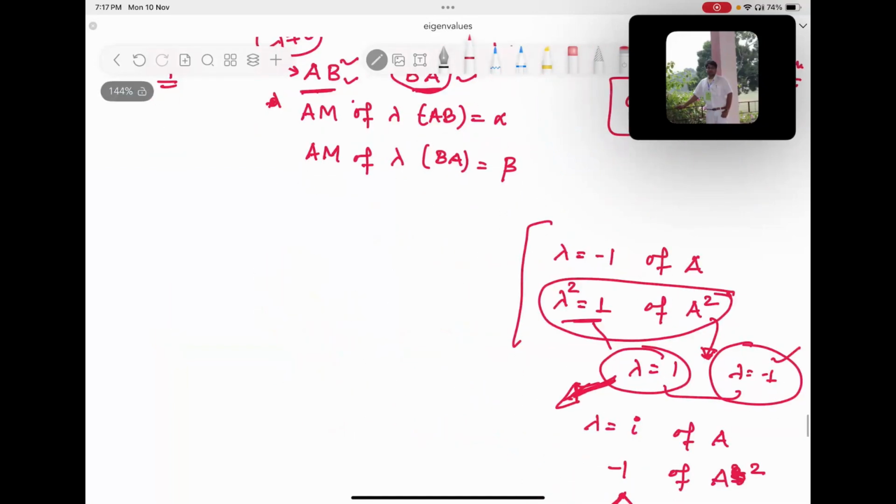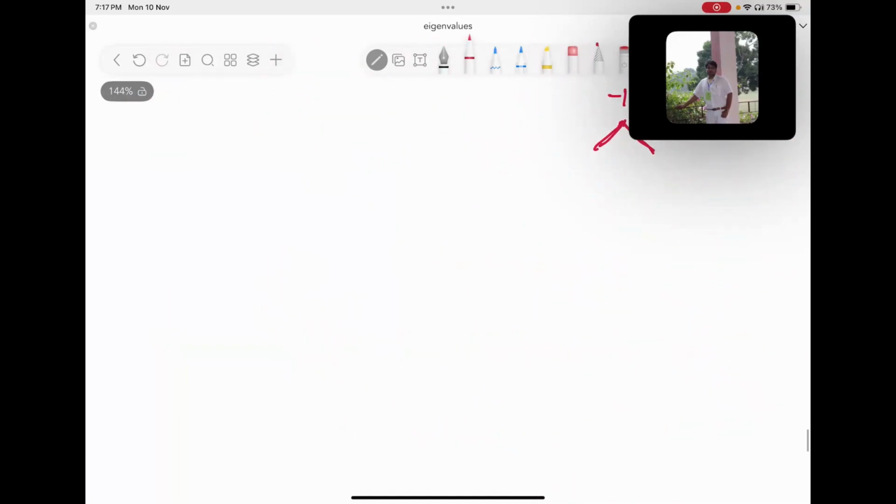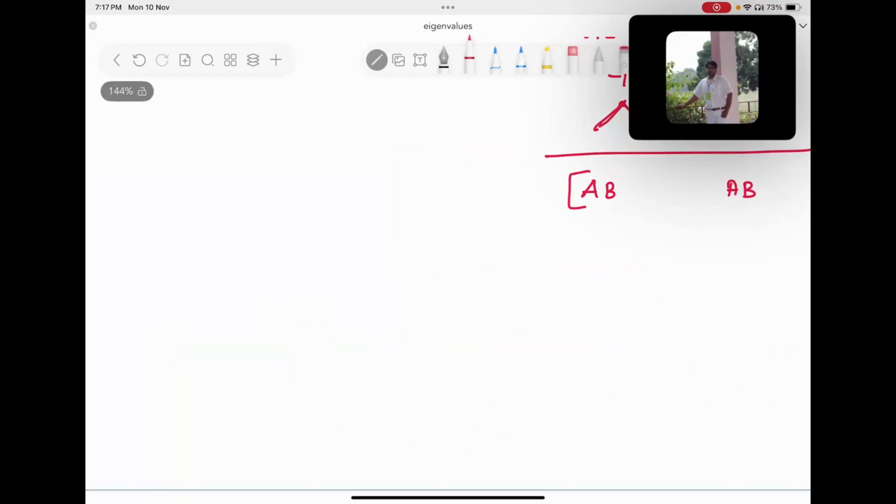See this. So you take AB and BA. Now suppose lambda is an eigenvalue of AB, and suppose the orders of A and B are the same, both n cross n.